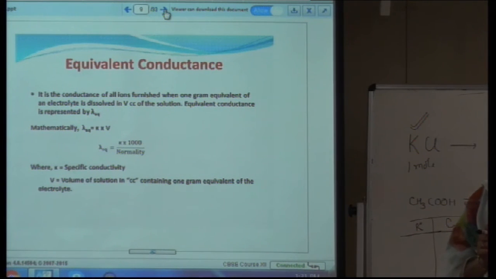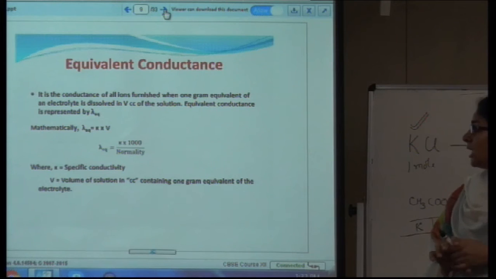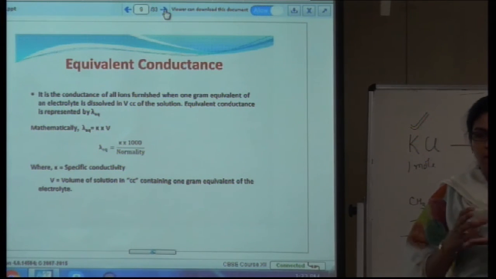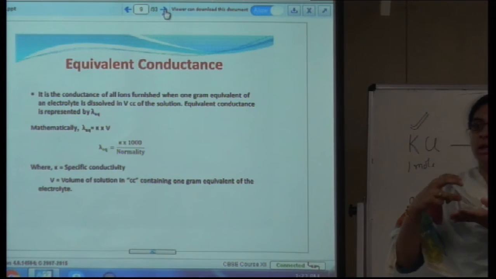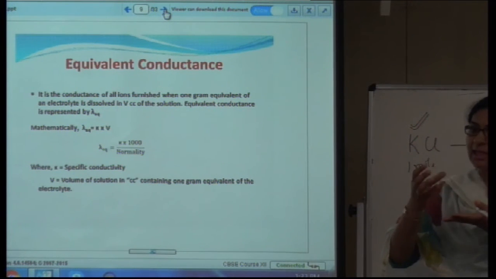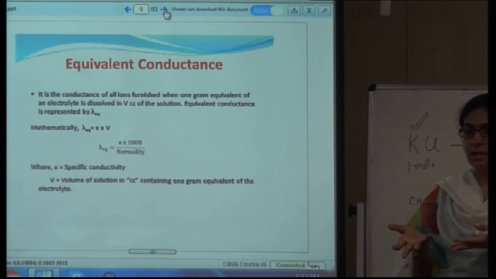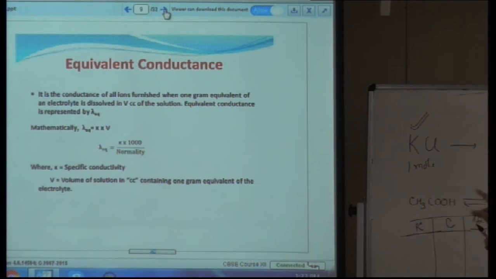Now what you do is put 1 gram equivalent of an electrolyte into this. What will be the conductance of this solution? It is kappa, specific conductance, and you will multiply it with the factor that is the volume of solution which contains 1 gram equivalent, right? So if in 1 cc only you put 1 gram equivalent, then your volume is going to be what?